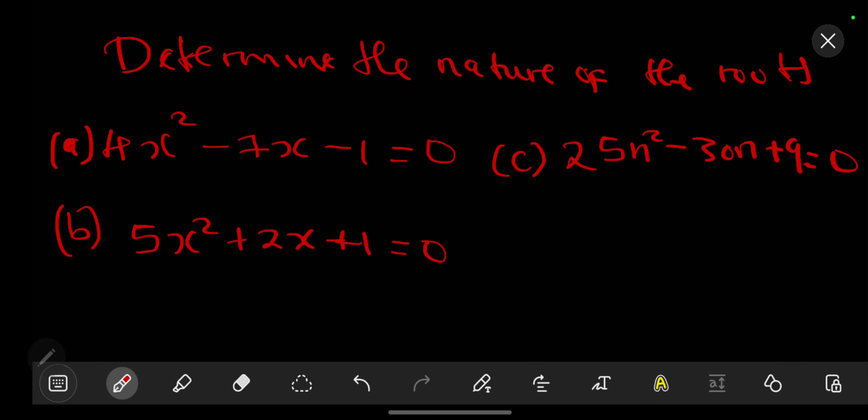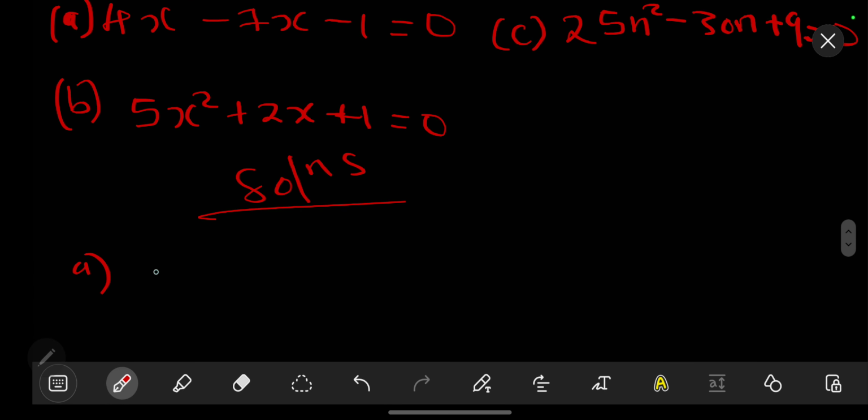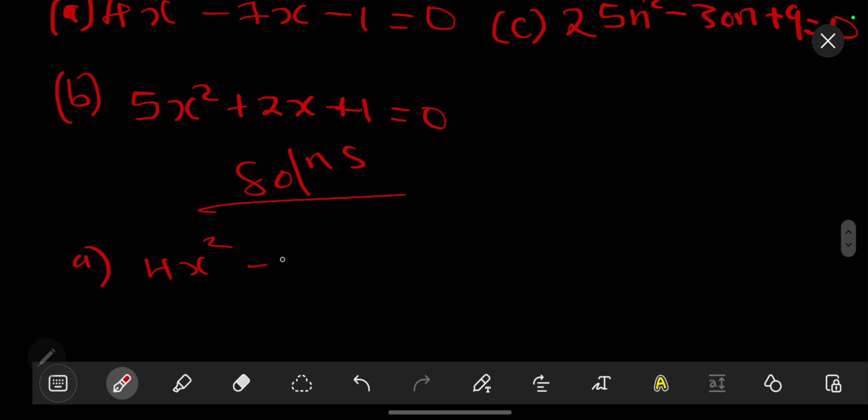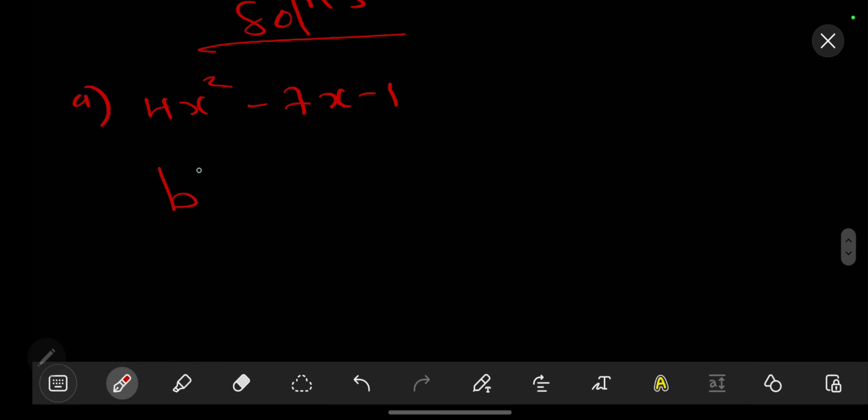So let's determine the nature of these roots. Let's begin our solution. Firstly, we have 4x squared minus 7x minus 1. To determine the nature of the roots, we use the discriminant b squared minus 4ac and find out what this gives.